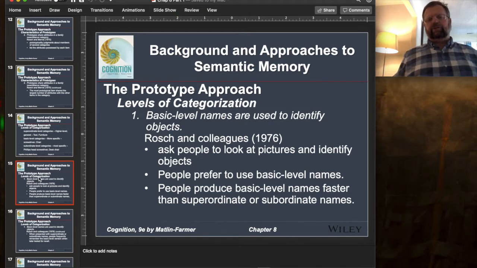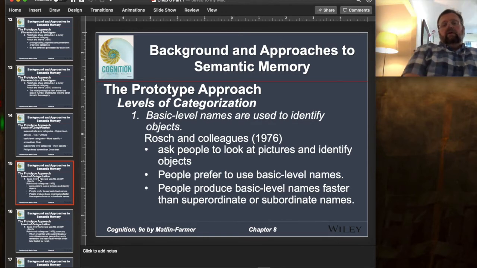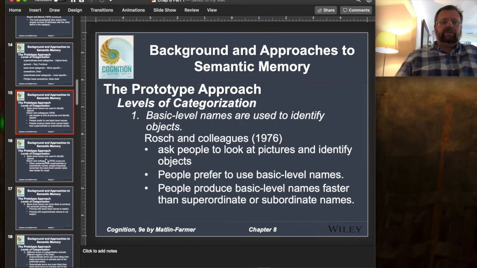And people tend to produce basic level names faster than superordinate names or subordinate names. So basically, when you see a picture of something that looks like a hammer, it's easiest to call that a hammer and not a tool, or a specific brand or type of hammer. So with basic level categories, we're quicker, we're faster with them, and they tend to be easier for us to process.